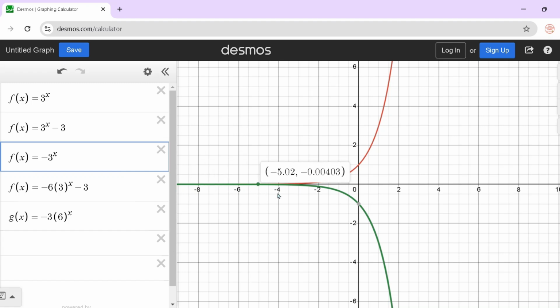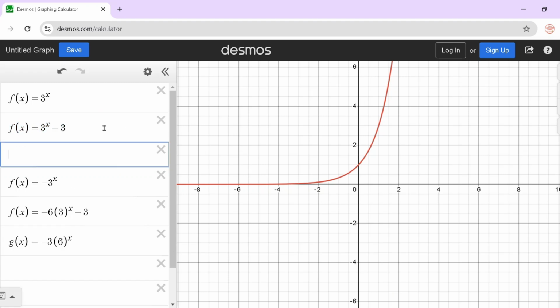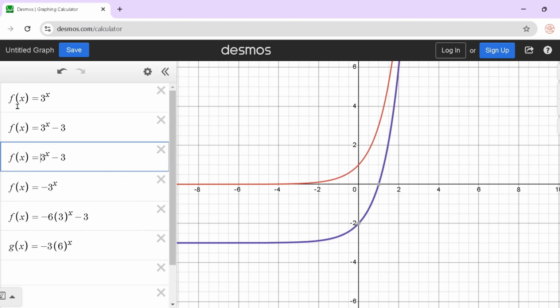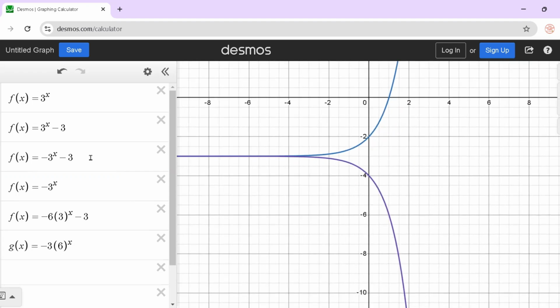On the negative side, it's just a mirror image. If I turn that off and put a negative in front of it, see, it's a mirror image of that one. It flips it across a horizontal line, the line that it's approaching.